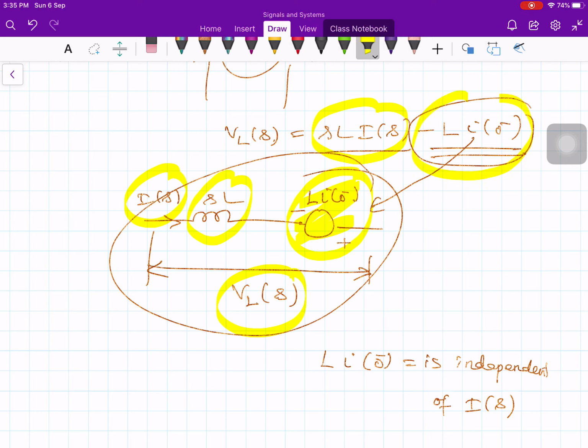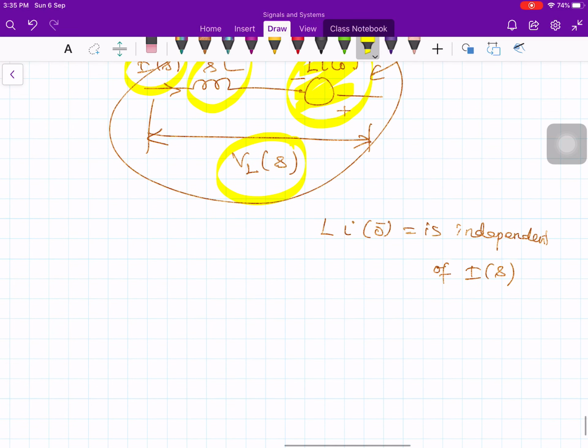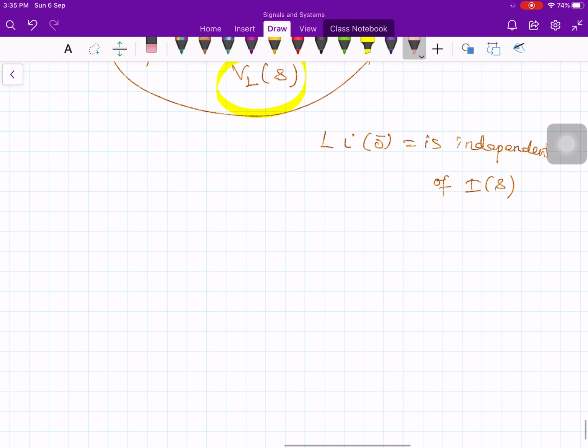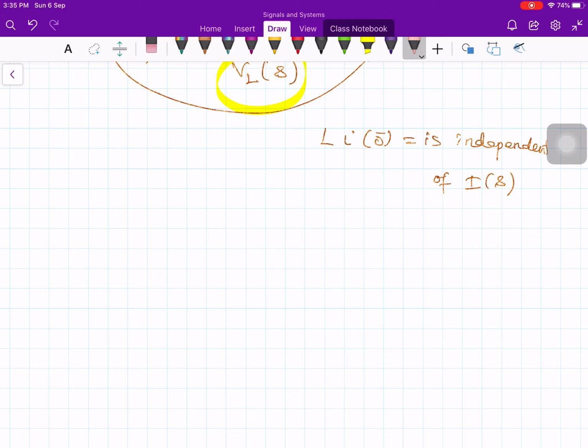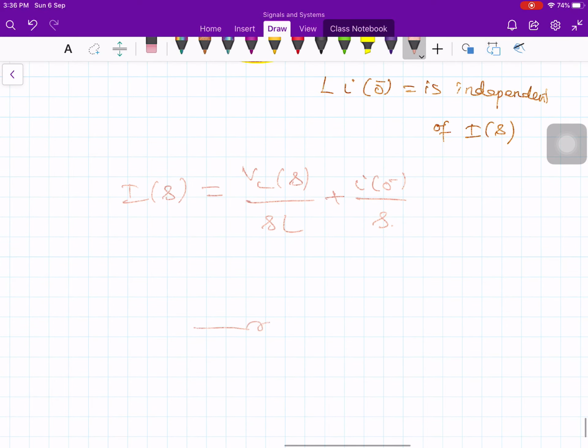Okay, similarly, if you want to model this equation by means of an equivalent circuit representation, we have an element having a generalized impedance SL with a terminal voltage VL of s. So that is I of s is equal to VL of s divided by SL plus I of 0 minus divided by s. Now what you do, you have an inductor L, and the generalized impedance is SL, and the voltage across this guy is VL of s.